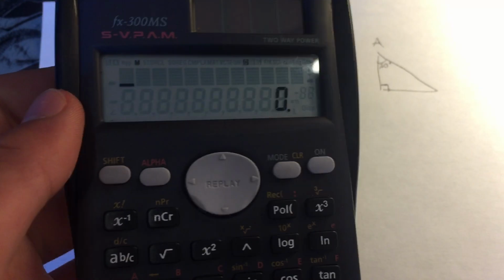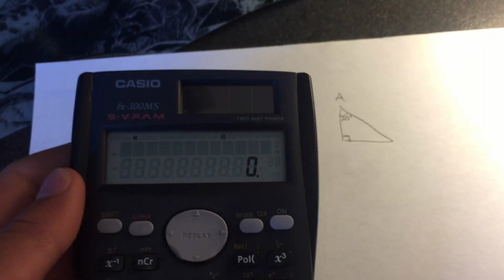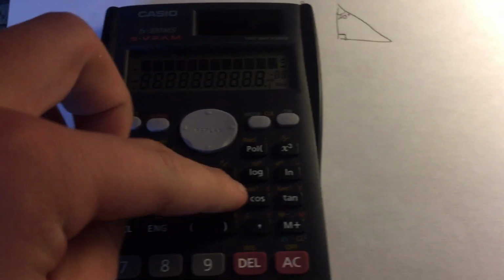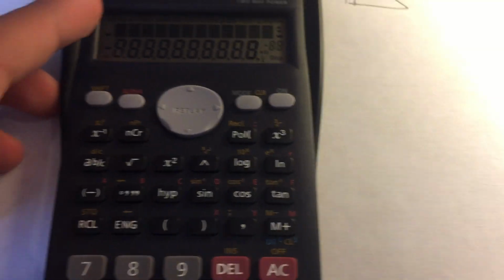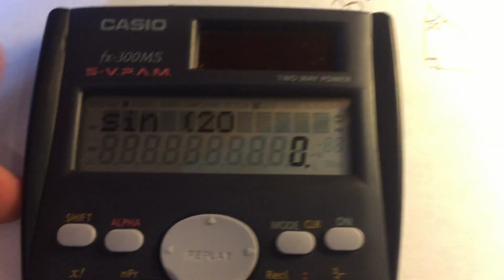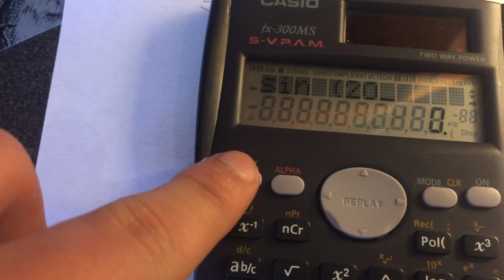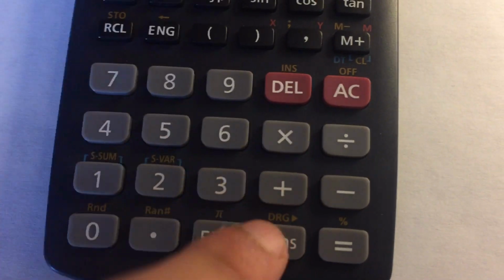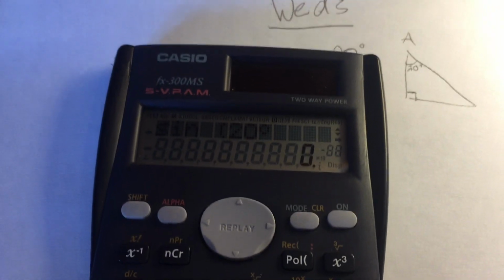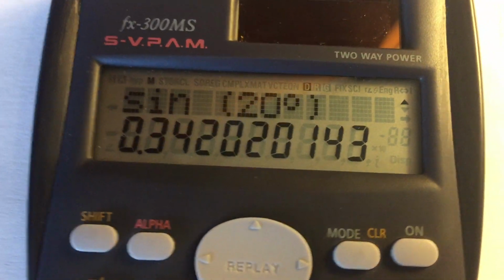On my calculator, don't know about yours, you press the sine button, and then sometimes parentheses come up, you put 20, and then there's shift, and this button down there, D or G, and then number 1, and then you press the equal sign, and that's the answer.